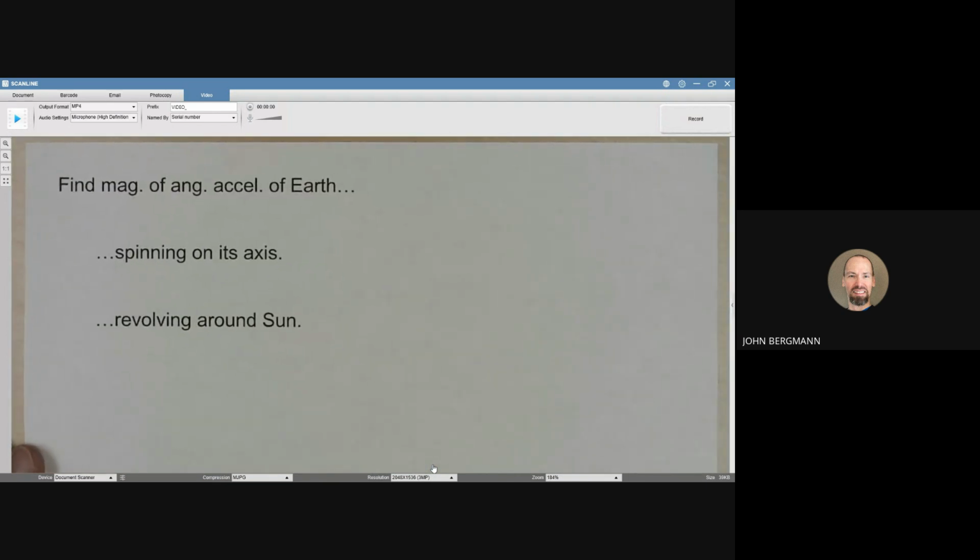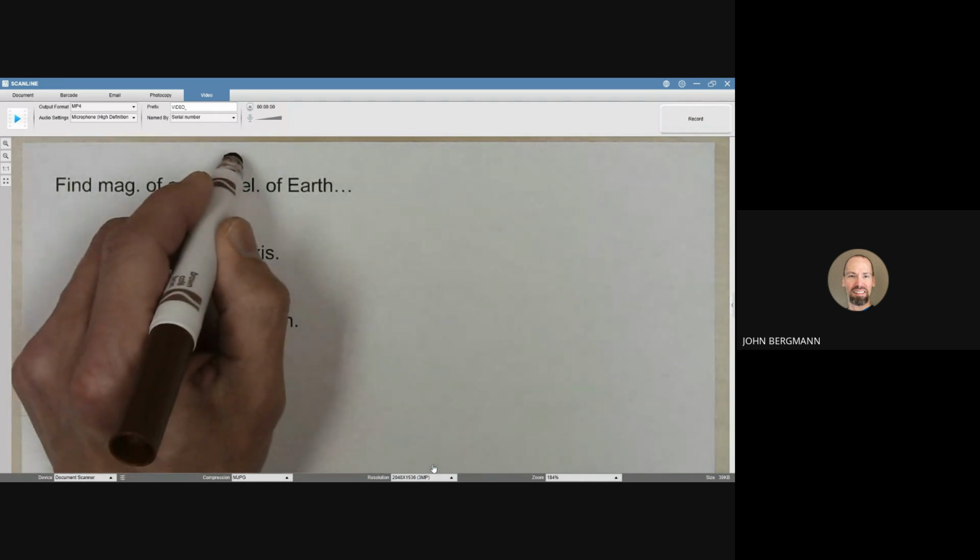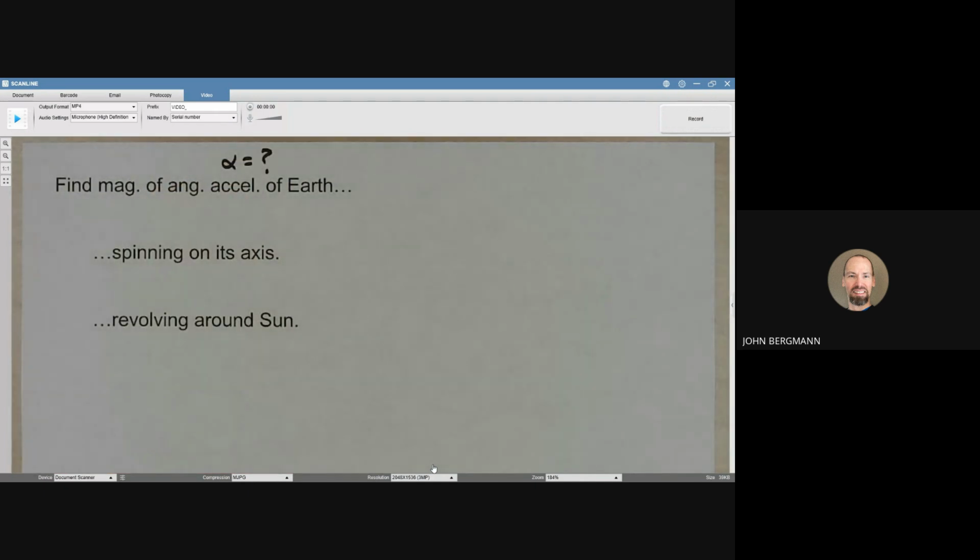What about the magnitude of the angular acceleration of the Earth as it spins on its axis, and also as it revolves around the sun? What does angular acceleration mean? First of all, that's alpha. If something has an angular acceleration of 0, its rotational rate is not changing.